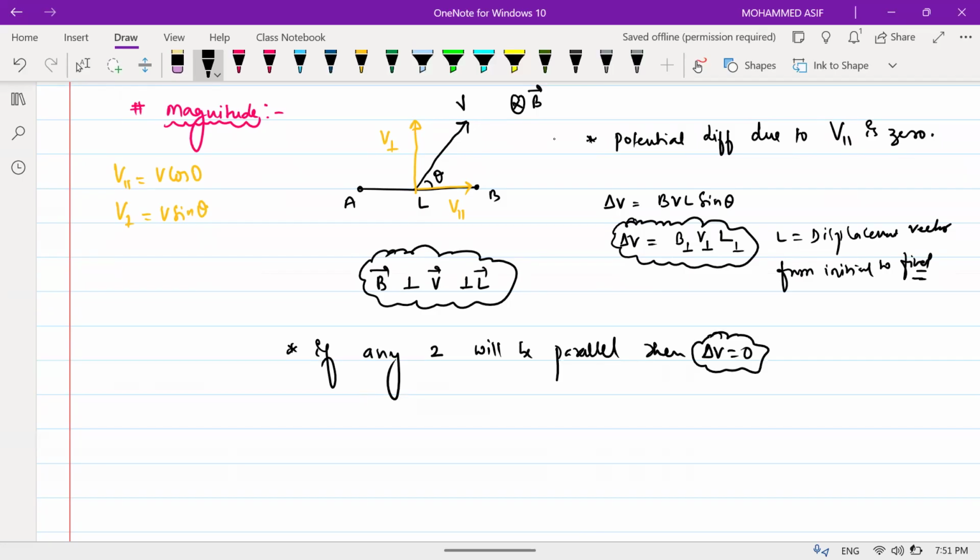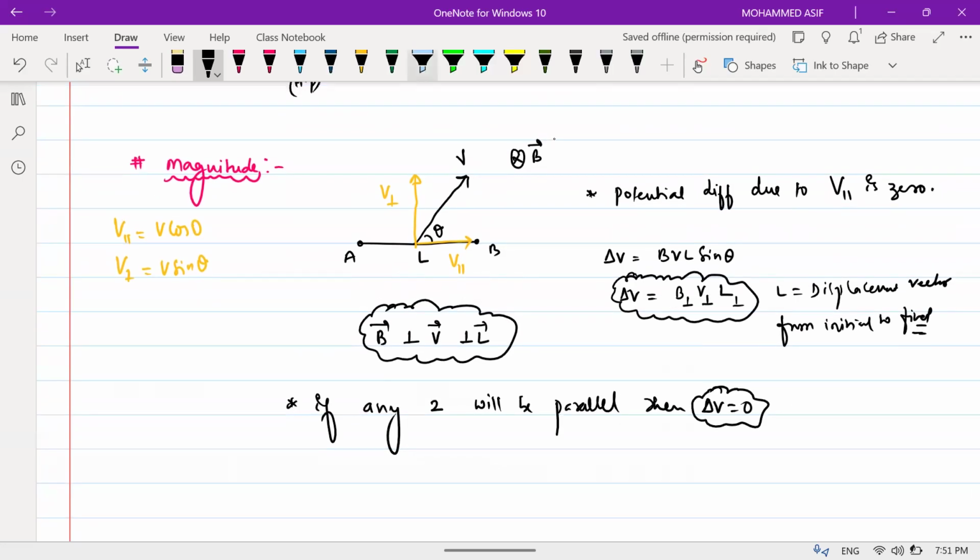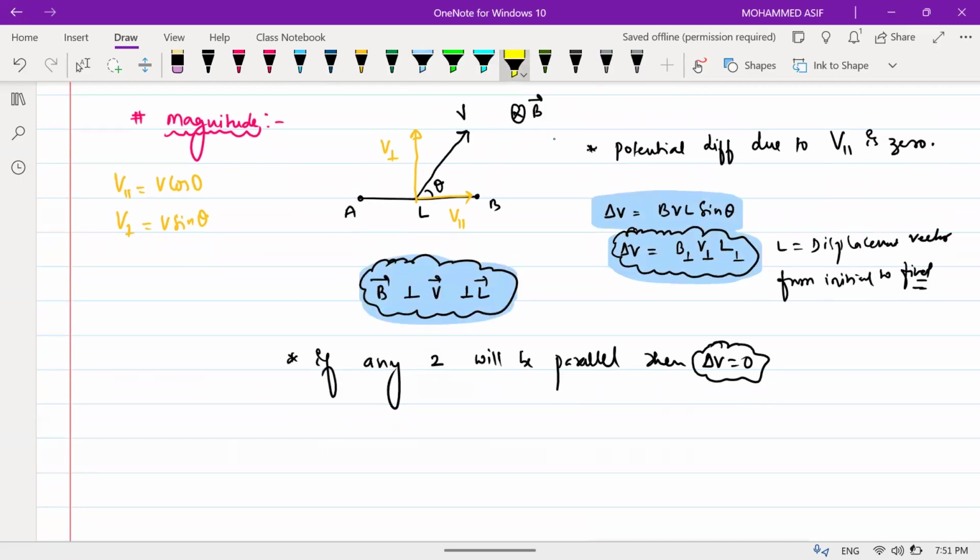Am I clear? So whenever the rod is moving with an angle theta, potential difference is BVL sin theta. That means magnetic field, velocity, and length should all be perpendicular to each other. And this point is very important here. If any two, that means B and V, V and L, L and B, are parallel to each other, that means the angle between them is zero, then the potential difference will be equal to zero. Am I clear?